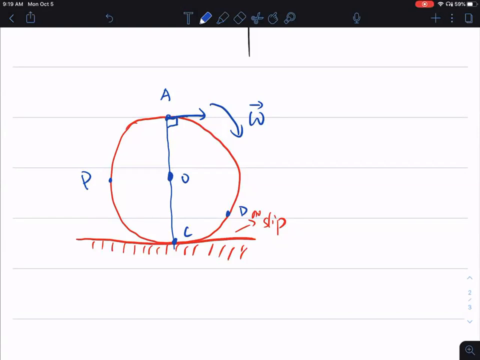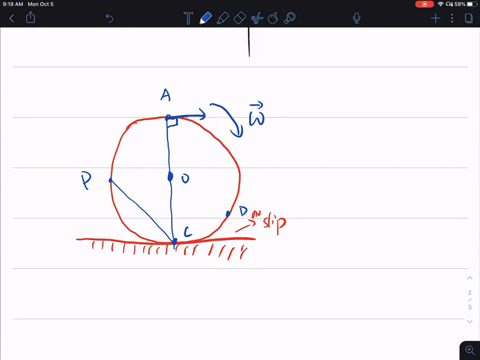Yeah, same deal. Can you find out what's the direction of velocity at point P? Straight up, yes. Same deal. Connect the instant center with that point. Oh, it's not straight up. Not straight up. I was wrong.